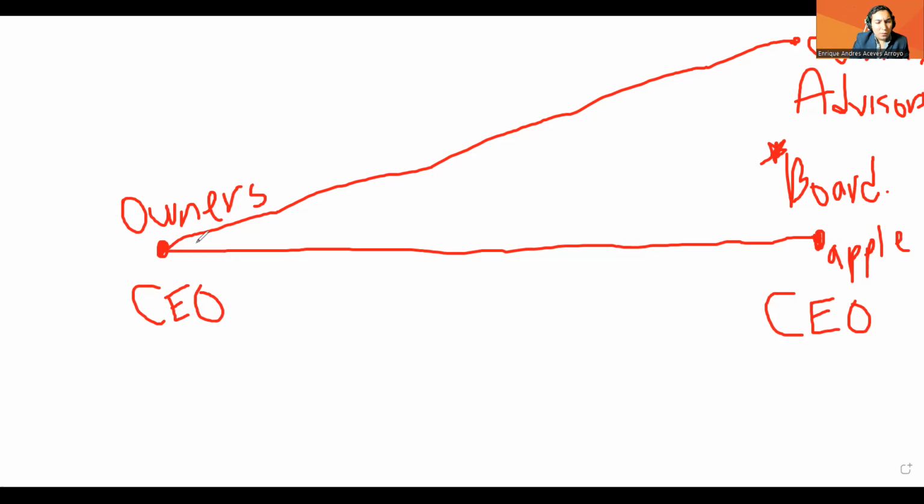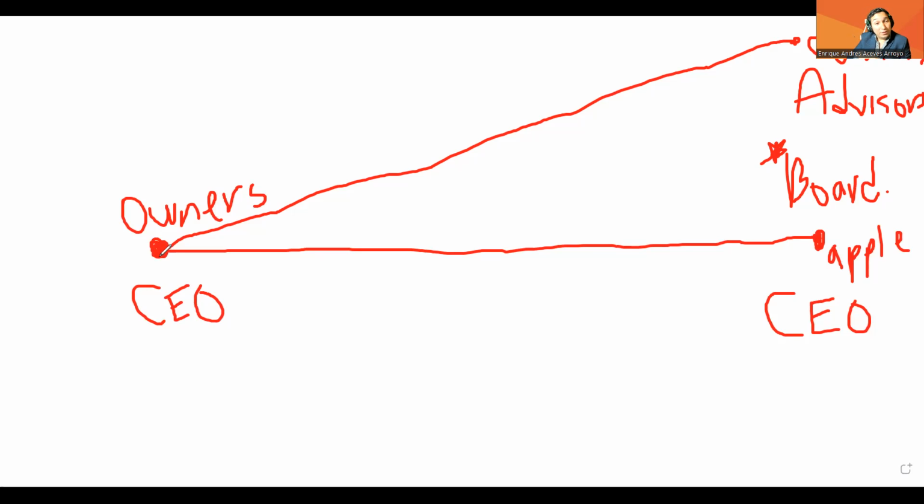The reason I'm drawing this chart is that if you notice, the owners and the CEO at the beginning are very close. Maybe the same owner is the one that runs the company and makes the decisions. So we don't have any issues relating to communication, strategy, the goals that they want to achieve, because the same owner is taking the decisions to run the business.